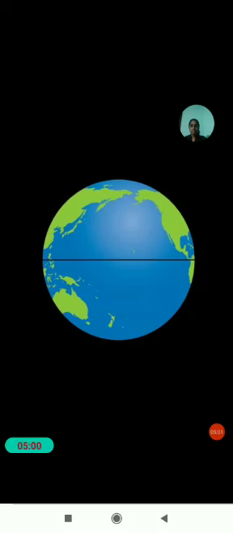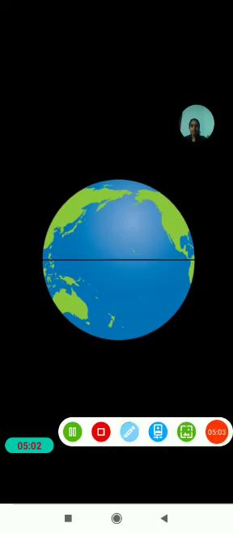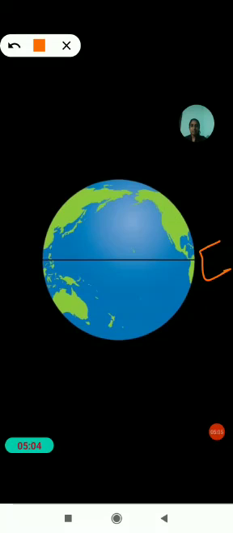Look at this picture. This line is the equator. This equator divides the Earth into two equal parts. The big full circle is called the equator. This is the longest latitude. Okay.